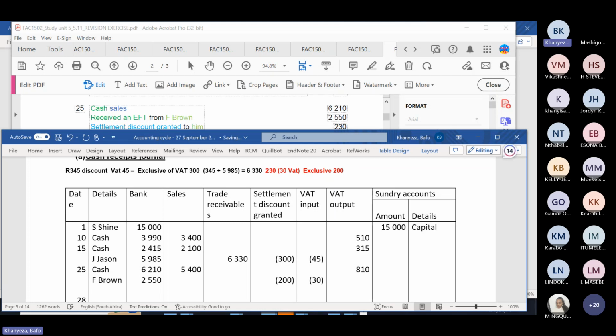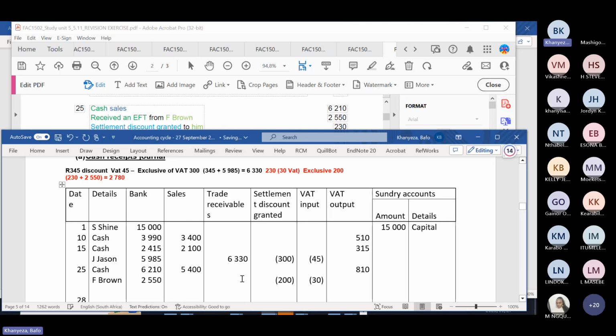So what we'll put on the trade receivables, his debt, will reduce with what he paid plus the discount, which is 230 plus 2550, which will give us 2780.